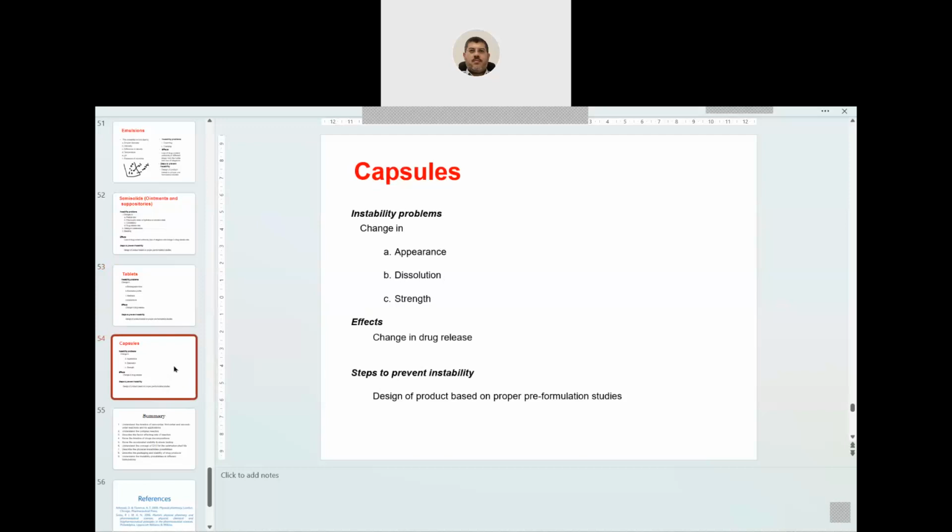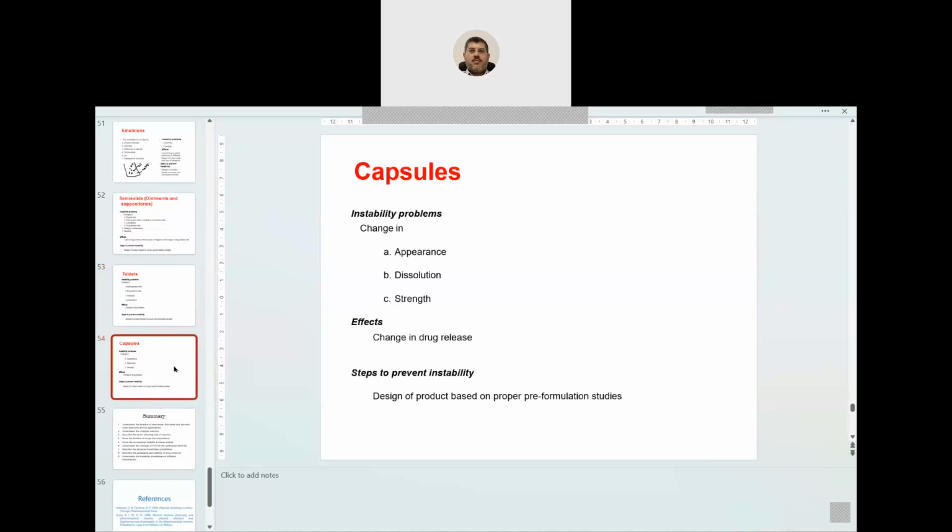Capsules may have some change in appearance, same as tablets. Dissolution profile may change, and the strength of the capsule itself. Capsules may be harder, and they can easily break with any pressure with time, especially with high temperature. There will be an effect on the drug release.